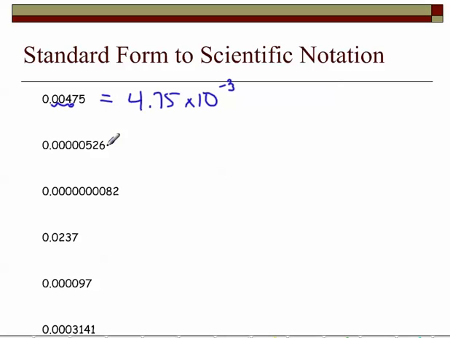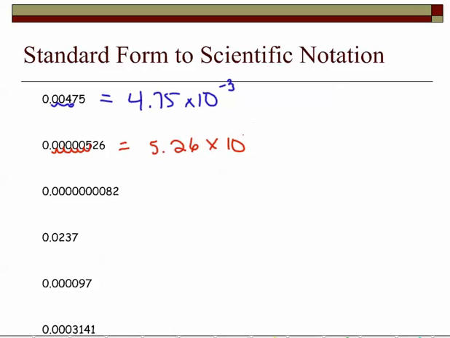All right, our next example, I'm going to use the 526, and that decimal has to go after the 5 to get between 1 and 10. We're multiplying by a power of 10, and in this case, to get from 5 26/100ths to this very tiny number, we have to shift the decimal once, twice, 3, 4, 5, 6 times.